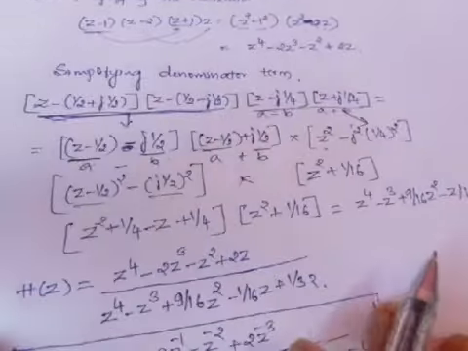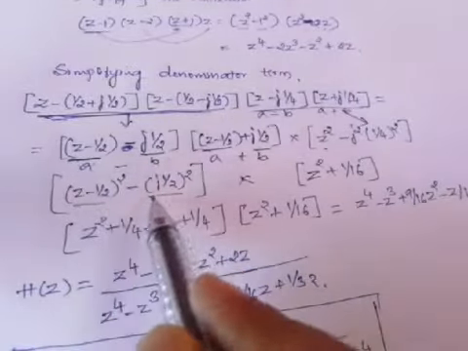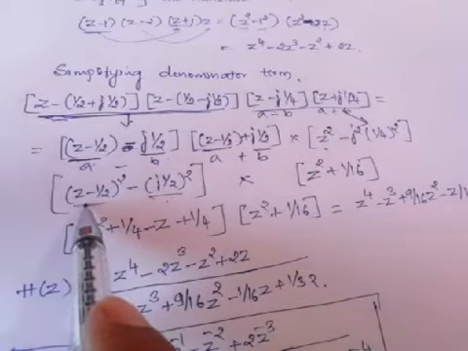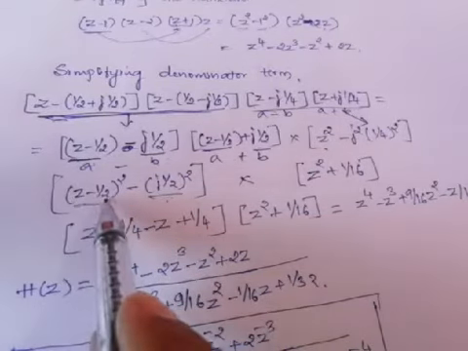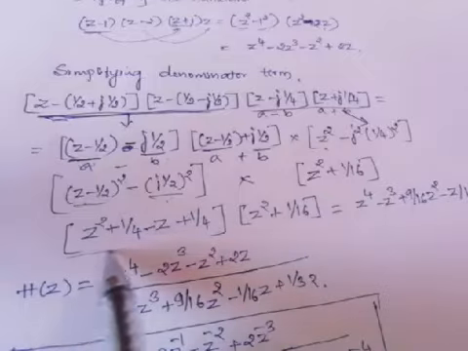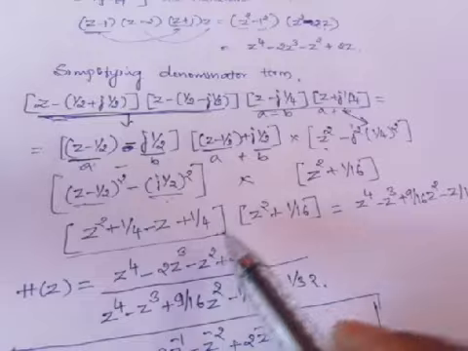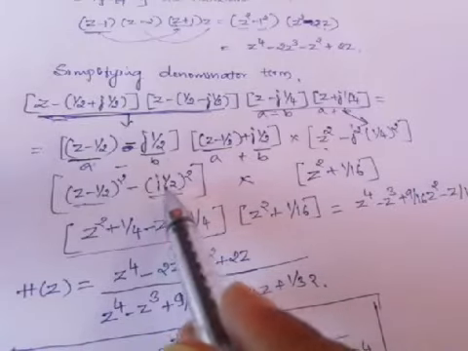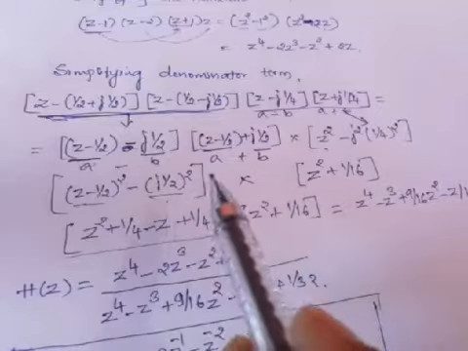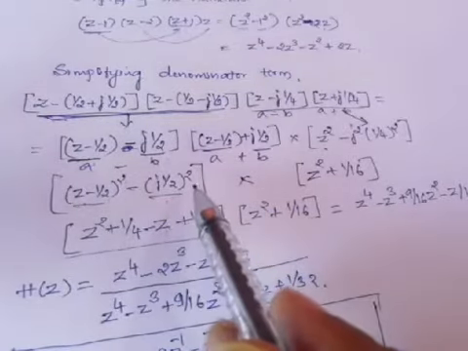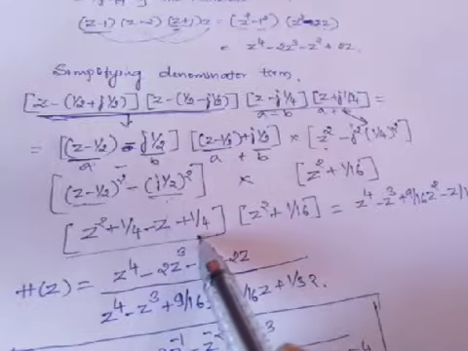So the next step is a square minus b square written here. A square means in this term z minus 1 by 2 whole square, where we have to apply the a minus b whole square formula. Then j 1 by 2 square means j square, j square means minus 1, minus 1 into minus becomes plus. 1 by 2 square means 1 by 4.